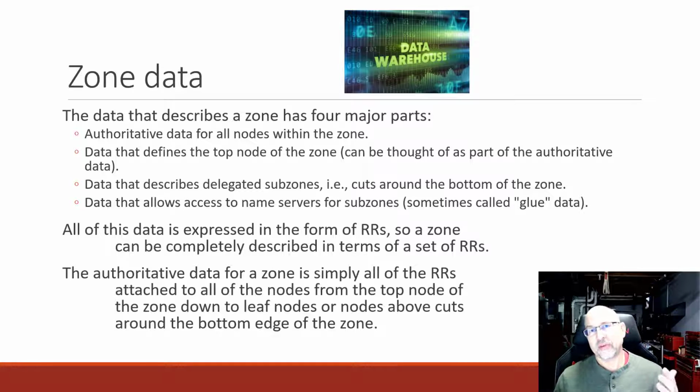All right, so just to put a finer point on the zone data, we know that the data is contained within the files. Or, if you've got a GUI and you built that, right, it's stored on the server in the same or similar format. And the idea is that the zone files or the zone data is the authoritative information for that domain.